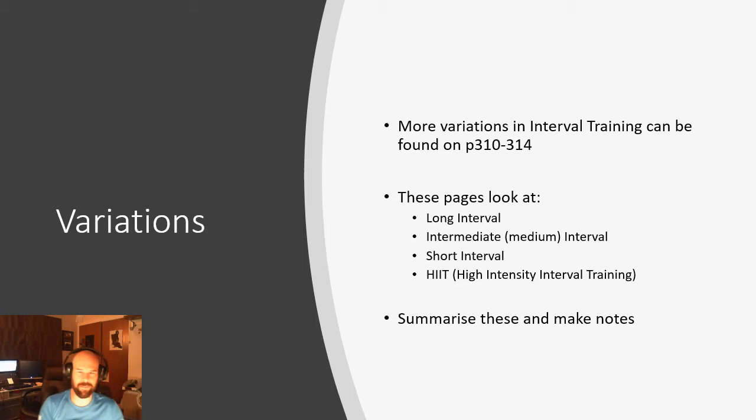You can find some variations on interval training in your textbook, pages 310 to 314, and it covers things like long intervals, so that's looking at your aerobic energy systems. And then you've got your intermediate or medium interval, your short interval, looking at your ATP-PC, and then you've got your HIIT, or high intensity interval training.